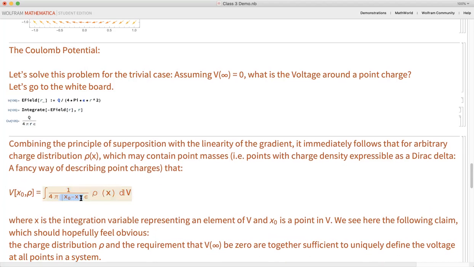Actually, the magnitude of the vector from x to x naught, times rho of x, so the charge distribution of x, and if we integrate that across all of space, so across all of the charge distribution, that is the total voltage field. And does that follow? Excellent.